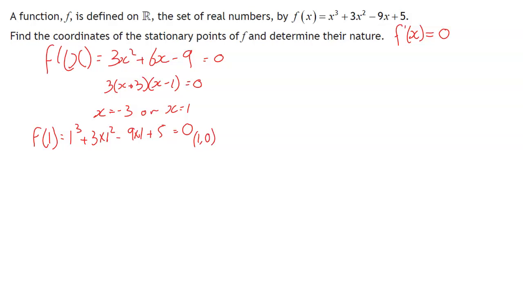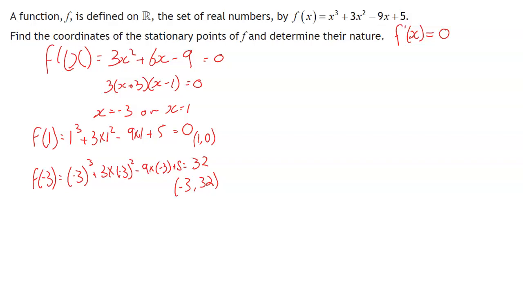Now if I do the same for x equal to negative 3, I'll get f of negative 3. So I'll end up getting negative 3 cubed plus 3 times negative 3 squared, take away 9 times negative 3, plus 5. And if I work that all through and calculate it, I'll end up getting a value of 32. So that means my second stationary point is at negative 3, 32.